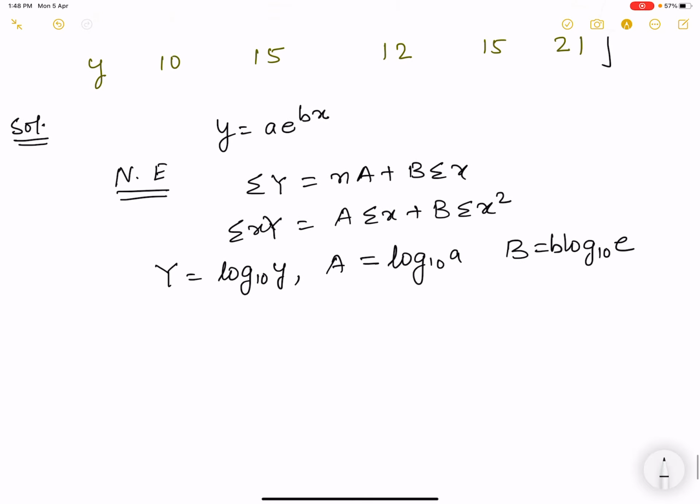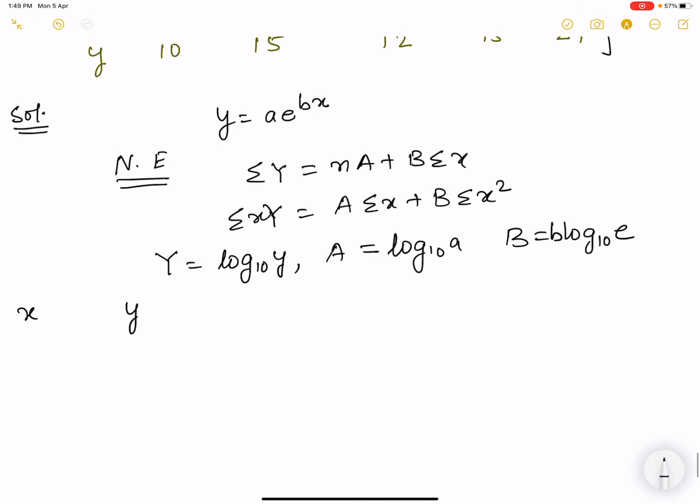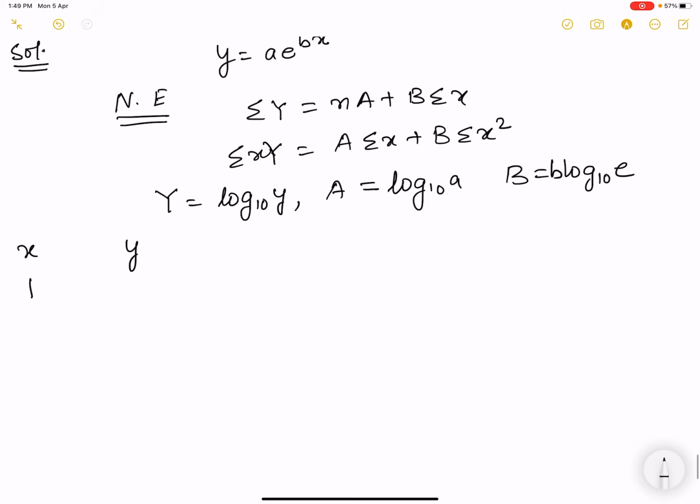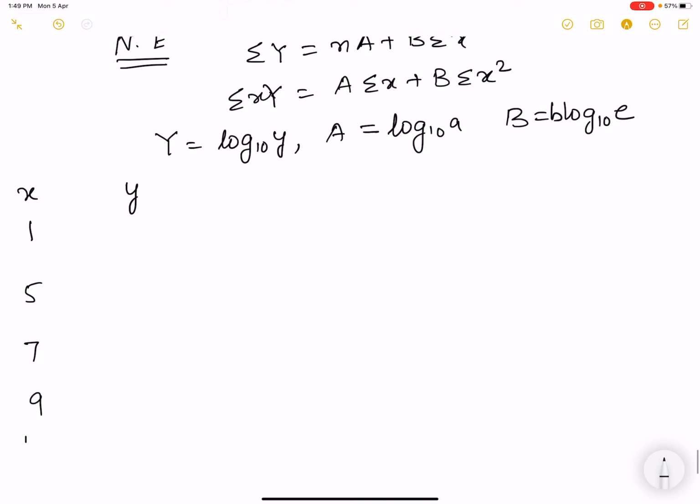Let us make the table as per the data given. So 1, 5, 7, 9 and 12, I am writing here 1, 5, 7, 9 and 12. Let us write the corresponding values of y, which are 10, 15, 12, 15 and 21. Now we have to find the value of capital Y, which is log to the base 10 y.